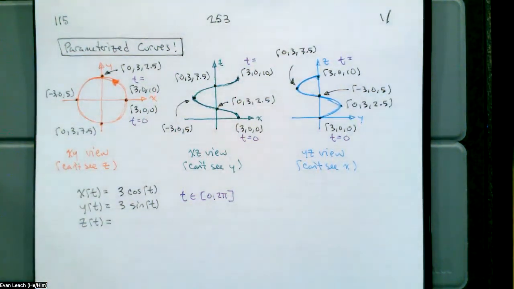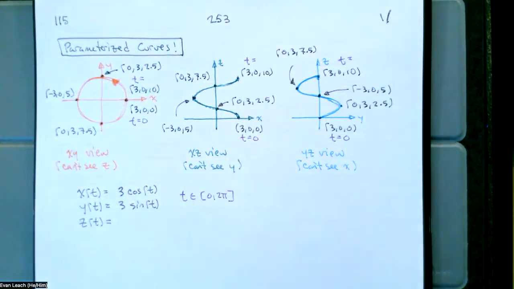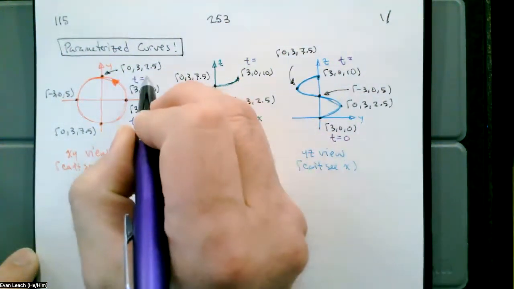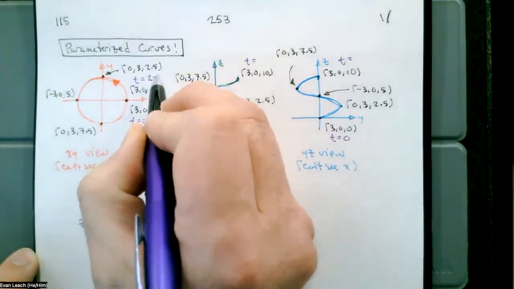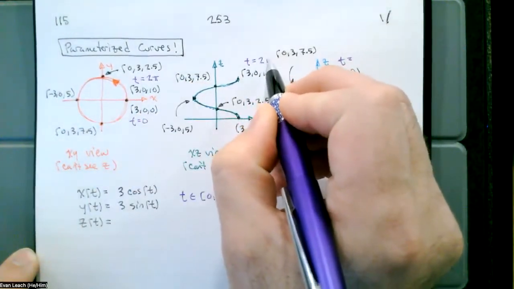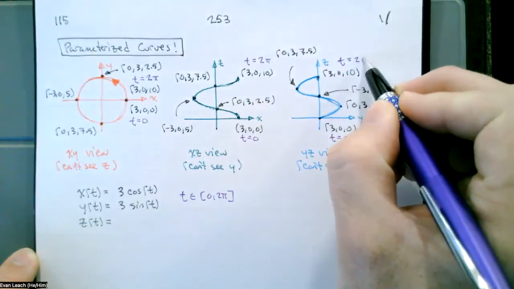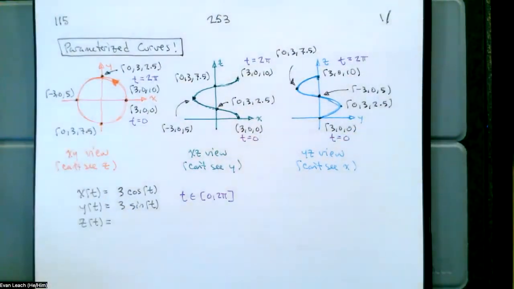So we're just taking the stuff that we looked at earlier, how to parameterize a circle that goes around once counterclockwise. And now we just have to figure out what to do with Z.